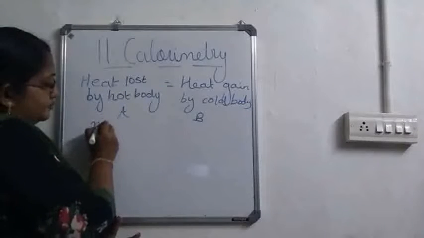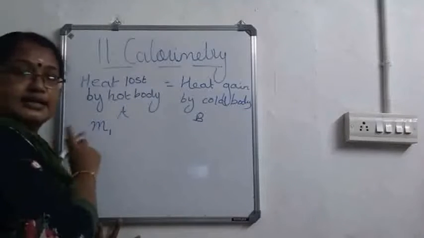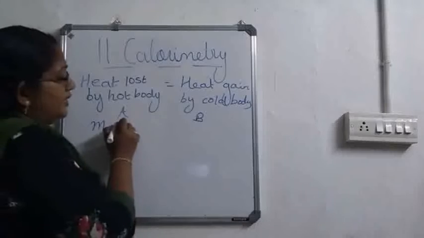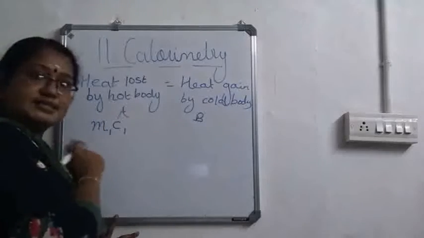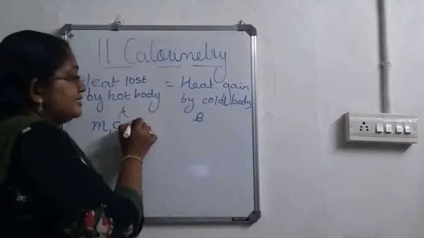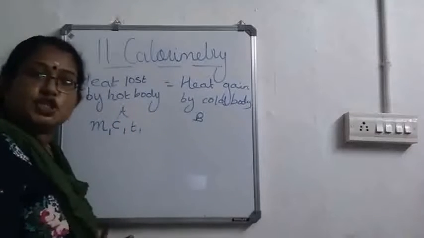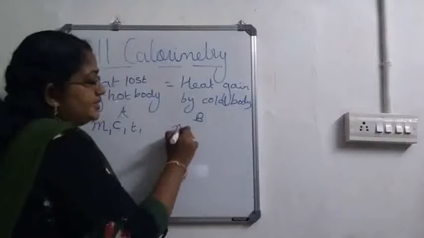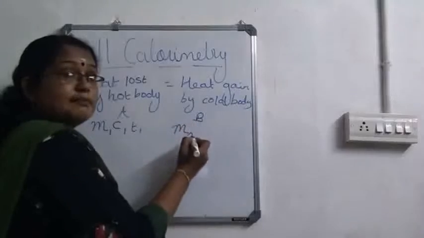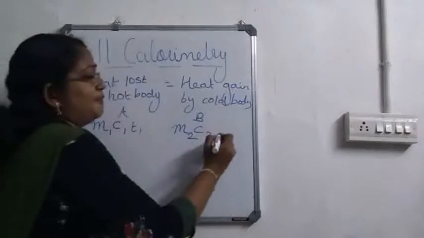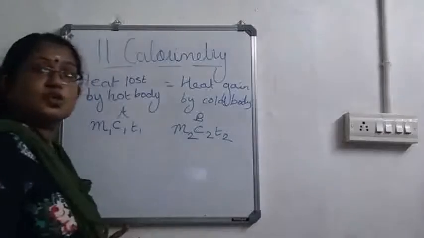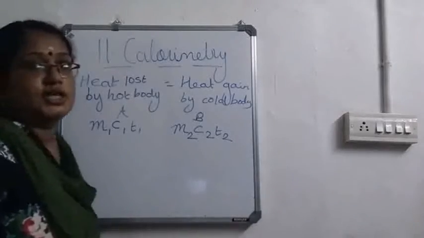Now, M1 is the mass of the hot body, C1 is the specific heat capacity of this, and T1 be the temperature of the hot body. Similarly, M2 is the mass of the cold body, C2 is its specific heat capacity, and T2 is its temperature.